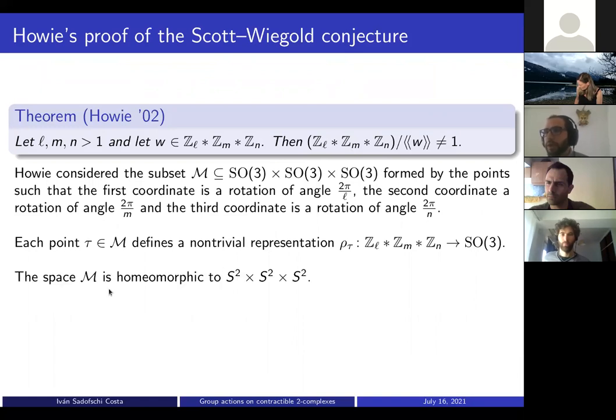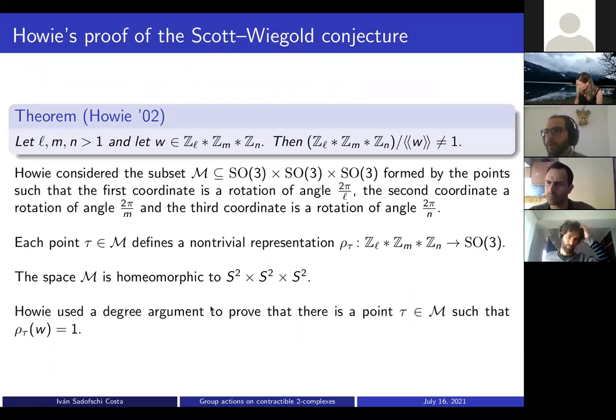And this space is homeomorphic to this product of copies of S2, and we use a degree argument to prove that for some point here, the corresponding representation sends W to 1. So this representation passes to the quotient and gives a non-trivial representation of this group. And if we have a non-trivial representation, the group must be non-trivial.